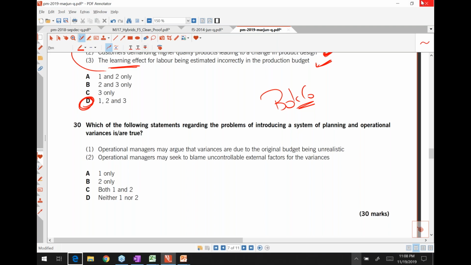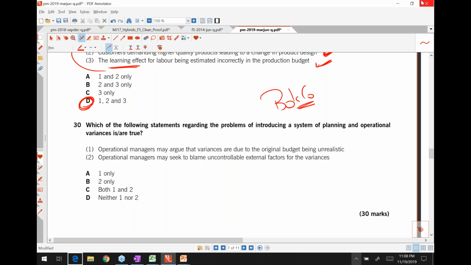Whenever the variance comes adverse, the operational team will directly blame the planning team. They will say the budget is wrong. So this is the problem, that the operational team easily disowns the variance.